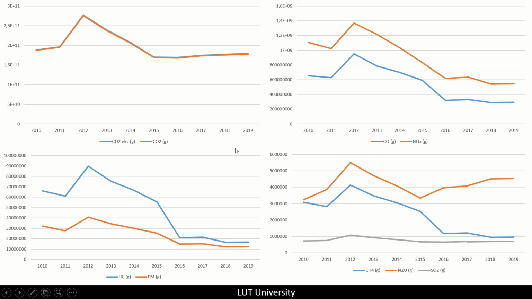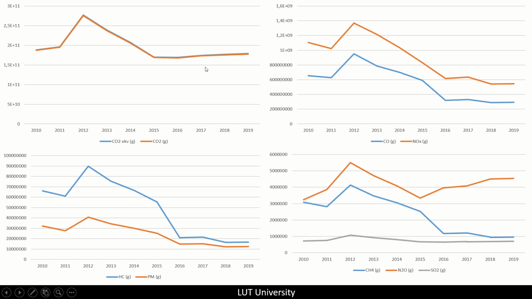So that's why I chose, for example, to have CO2 equivalents and CO2 in one table, whereas here is methane, N2O, and sulfur emissions.